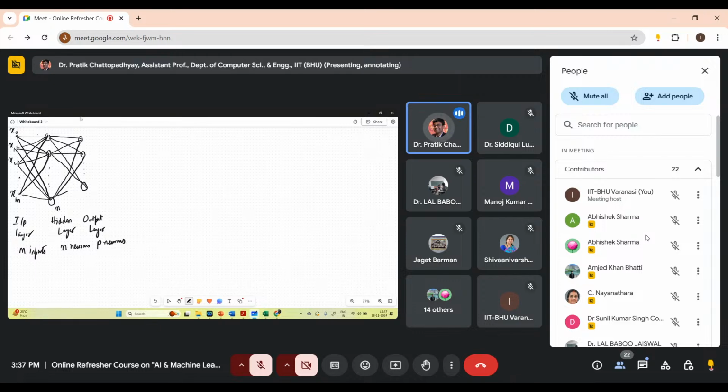I have drawn dot dot dot, which means there are other neurons connected in a similar way. On top of the hidden layer also we have a bias which is coming to each neuron in the output layer. So it is connected like this. This completes the diagram.